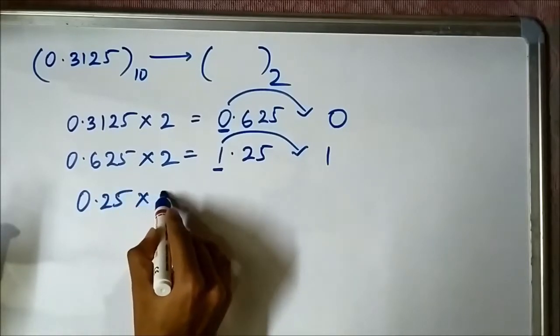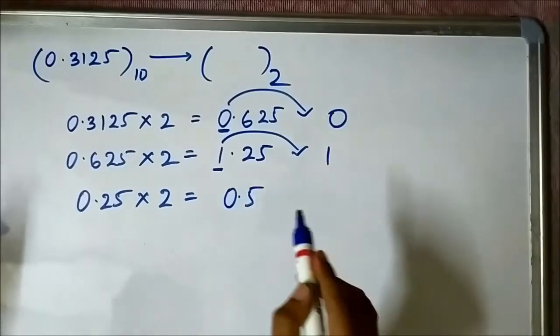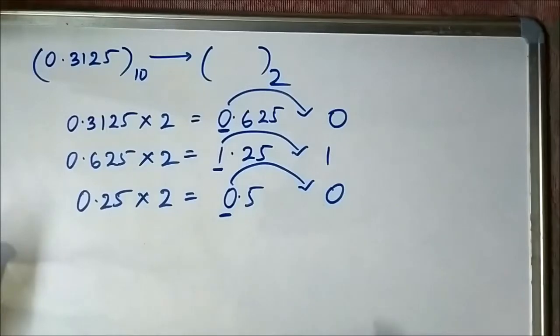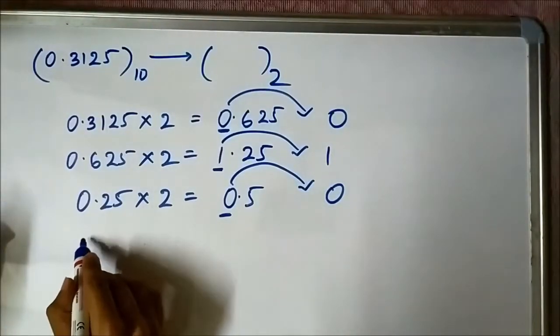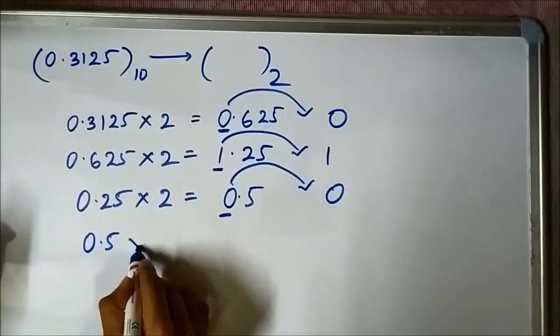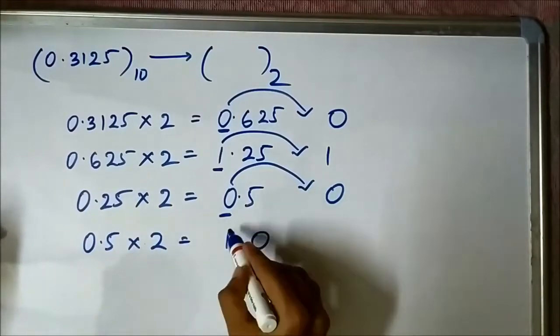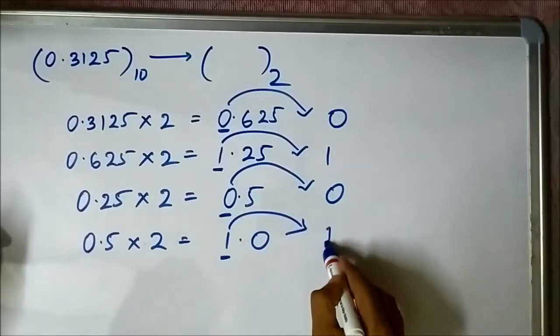0.25 into 2 is equal to 0.5. You take this 0 here, write it here. Let us proceed to another decimal place. 0.5 into 2 again is 1.0. So you take this 1 and write it down here.